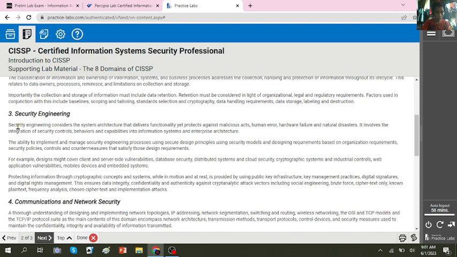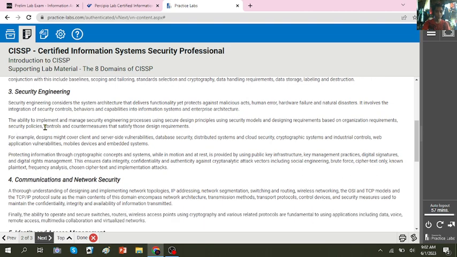Number 3, security engineering. Security engineering considers the system architecture that delivers functionality yet protects against malicious acts, human error, hardware failure, and natural disasters. It involves the integration of security controls, behaviors, and capabilities into information systems and enterprise architecture.